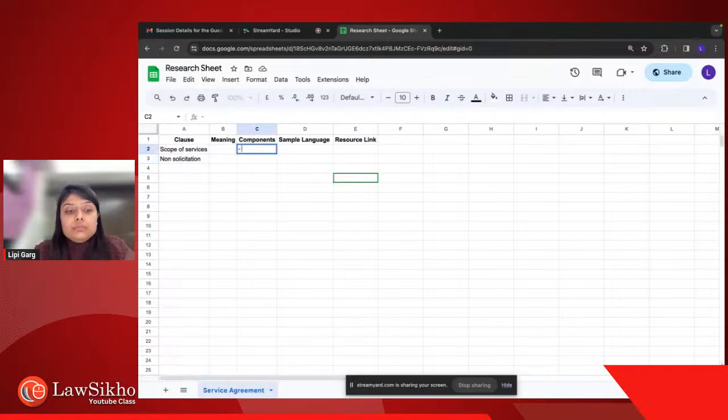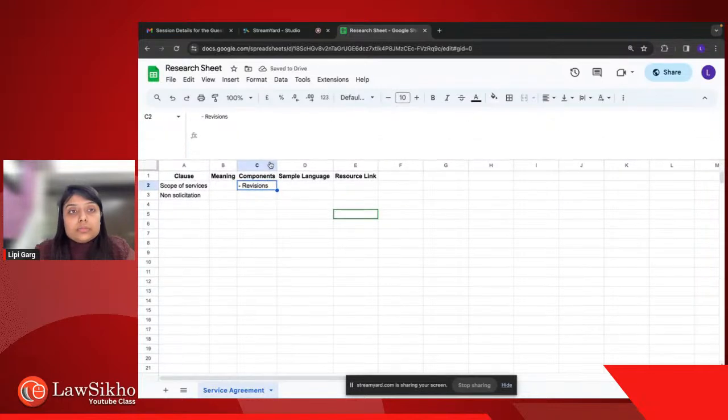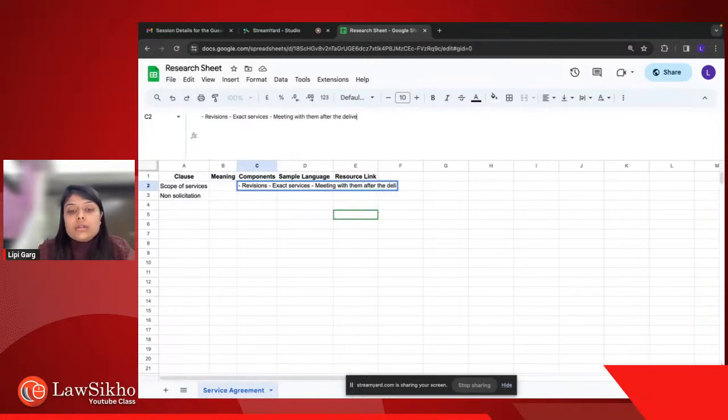Then components. So let's say in the scope of services, you write revisions, exact services that you want the other person to maybe draft. And then let's say you also want a meeting with them after the delivery of the contract.